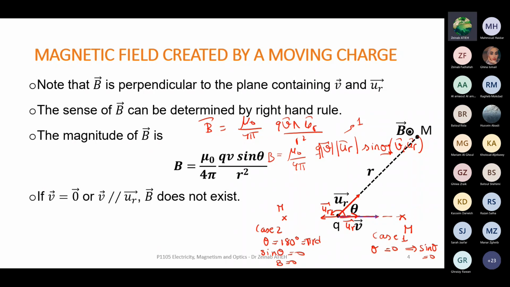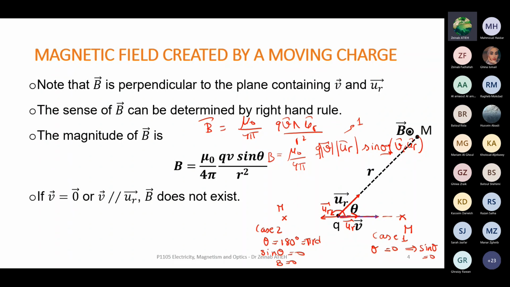So the points that are along the same direction of motion of Q, in front of Q or behind Q, all of them will experience no magnetic field. The magnetic field will only be created on, I mean, not on the direction of motion of Q, as you can see, on a point aside from the line of motion of Q. So this is for a point in motion.